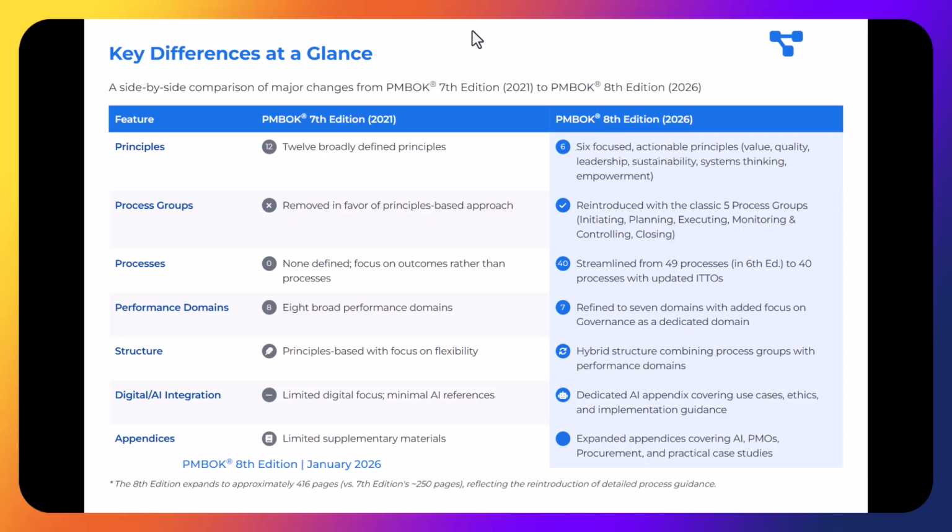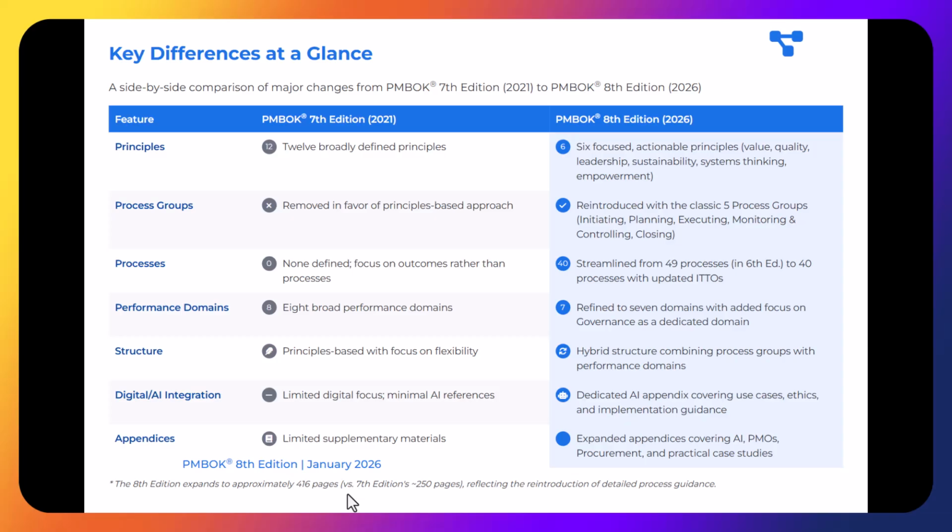Some of the key differences is that in the past we had these 12 broadly defined principles, and now it's being narrowed to 6 specific actionable principles that we can have, which are value, quality, leadership, sustainability, systems thinking, and empowerment. Very, very key.